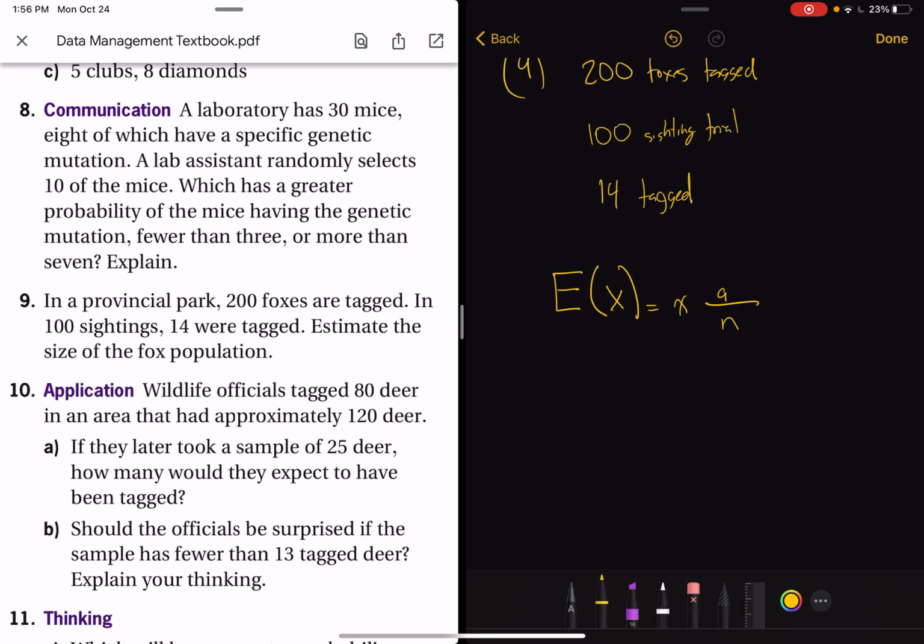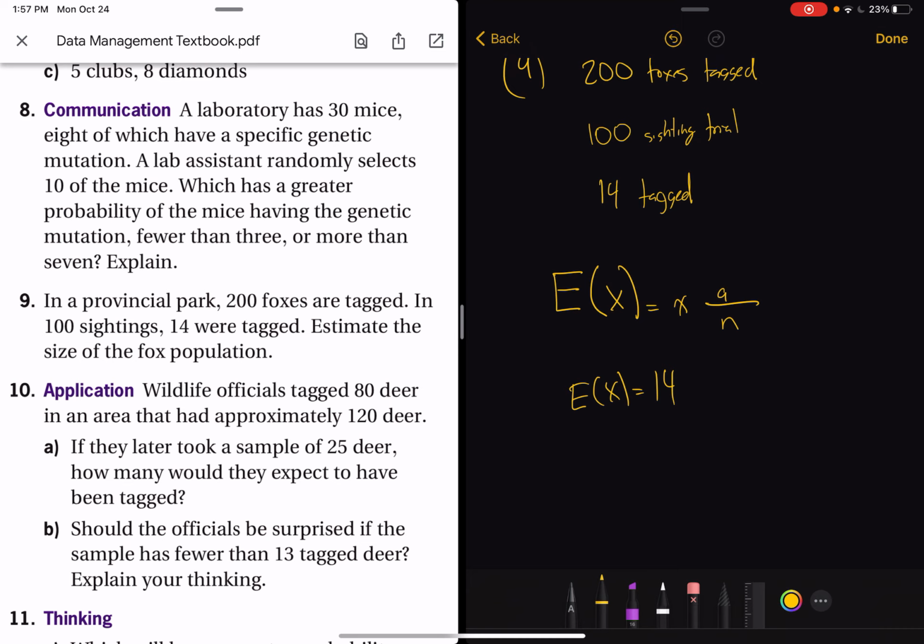In this case, we got E of X, we got 14, right? Now, it's not perfect, but we just assume that 14 is what we expected.